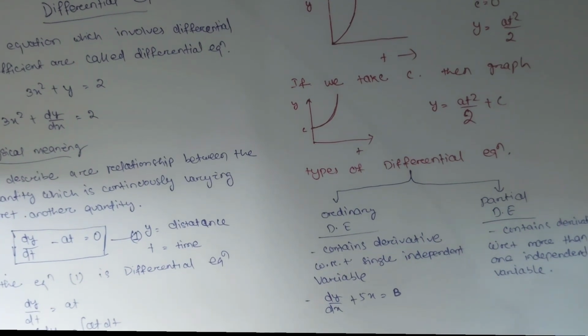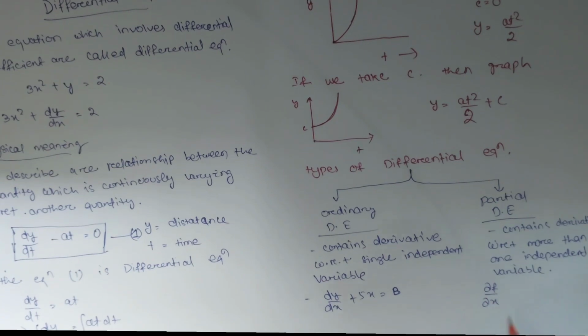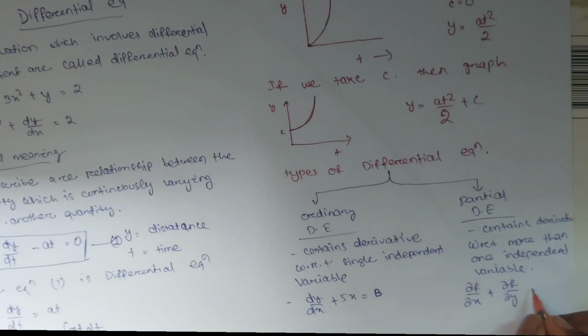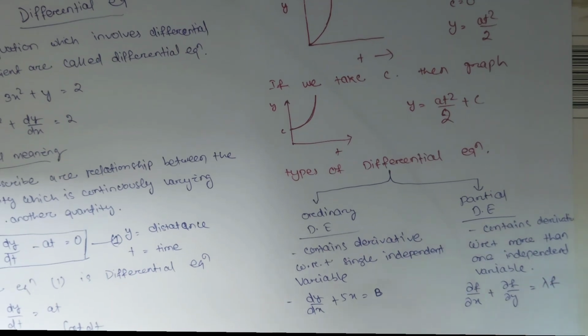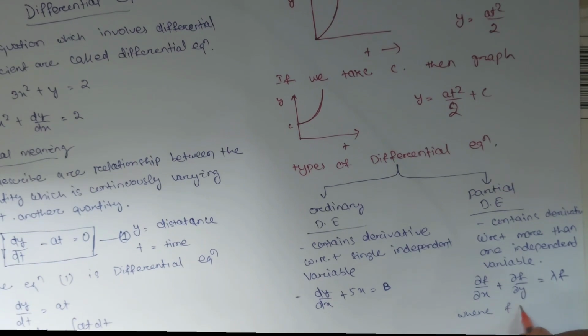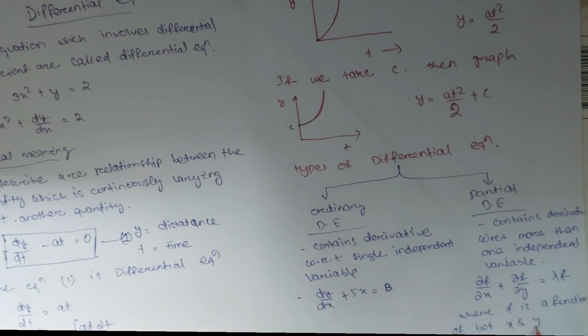Now the partial differential equation: if we take del f by del x plus del f by del y equals lambda f, where f is a function of both x and y.